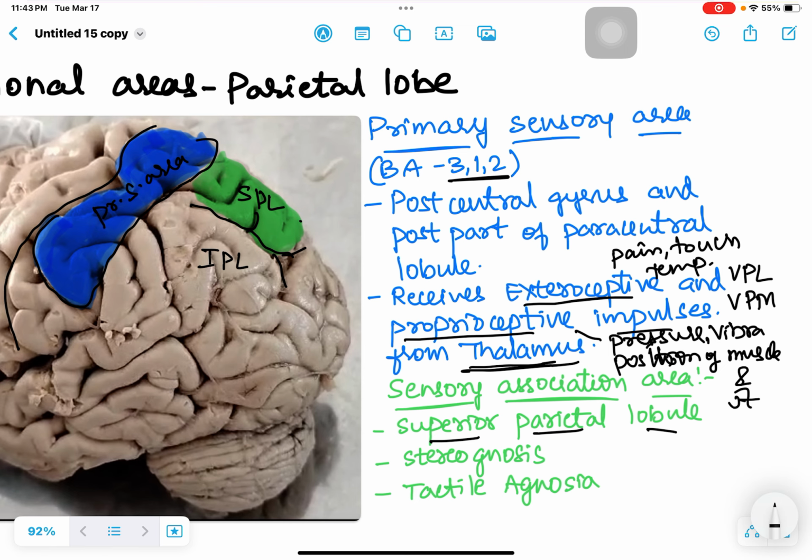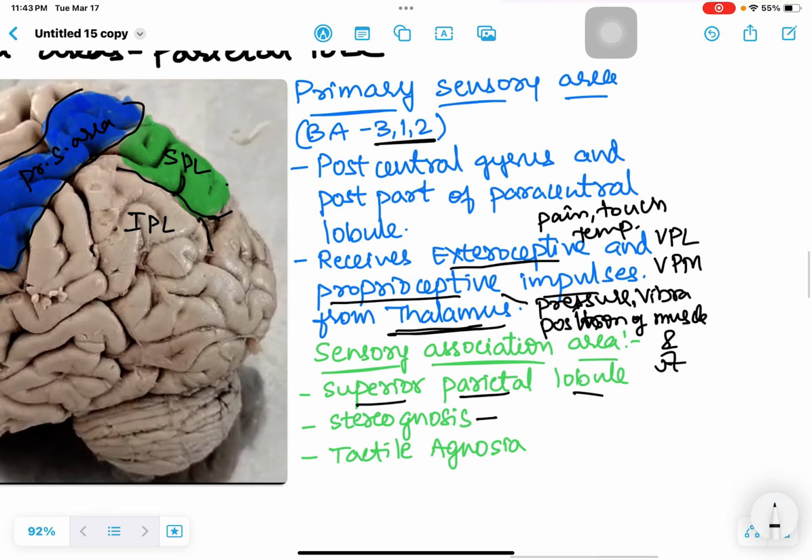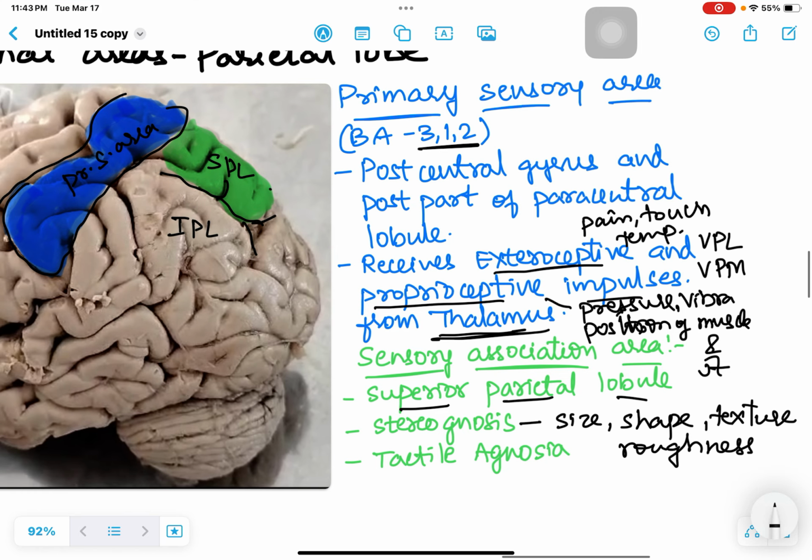It is responsible for stereognosis. That means when any object is kept in the hand, the size, shape, texture, and even the roughness of the object is judged by the person just by touching it. That is called stereognosis.